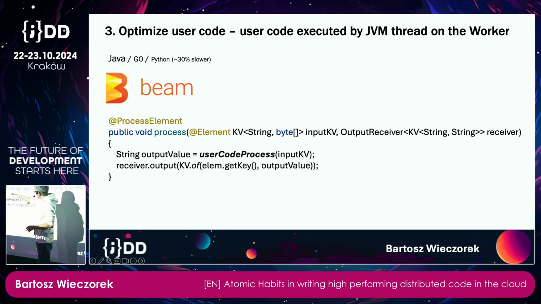In a process method, we get as input a key value pair of string and bytes, let's call it XML gzip bytes here, and we do some processing on that input, and at the end we want to output the result of our processing. That's why we have this output receiver here. So it's important to have this user code as optimized as possible, because imagine that code is being executed 10,000 times per second across different nodes and JVM threads.